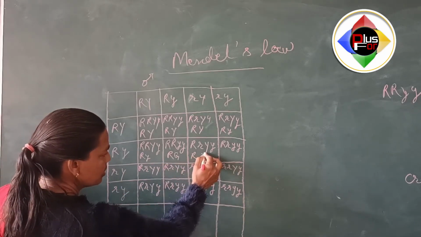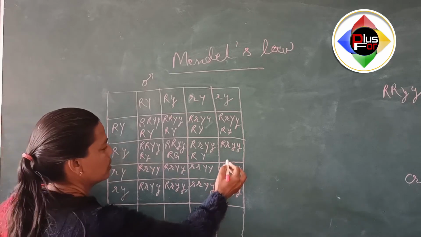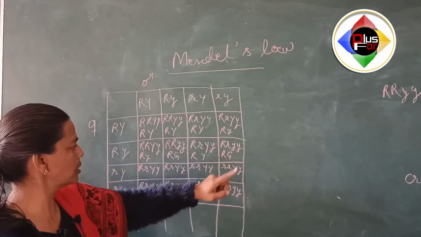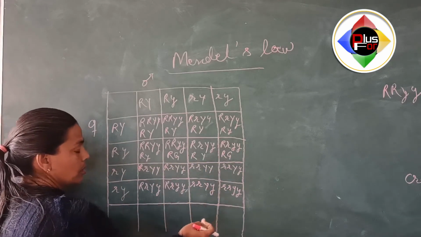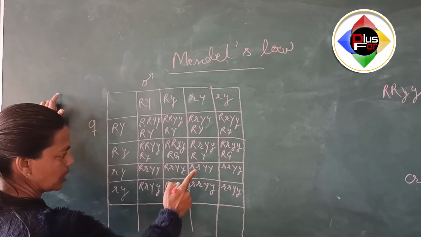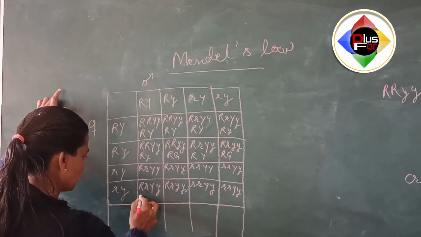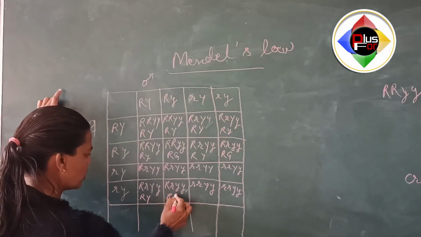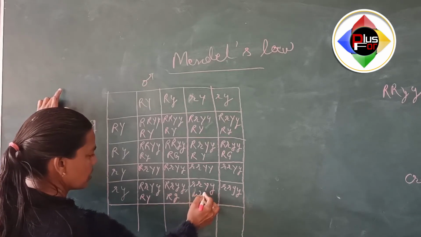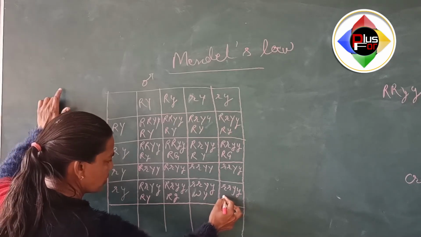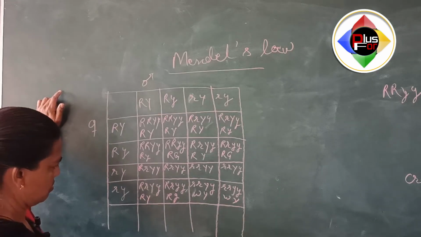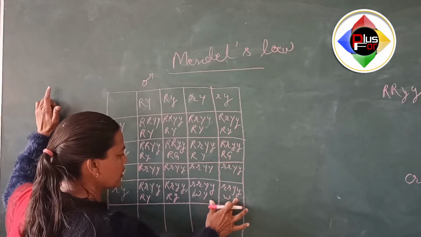Again round yellow, then round green. Here is round yellow, round green, wrinkled yellow, wrinkled green.